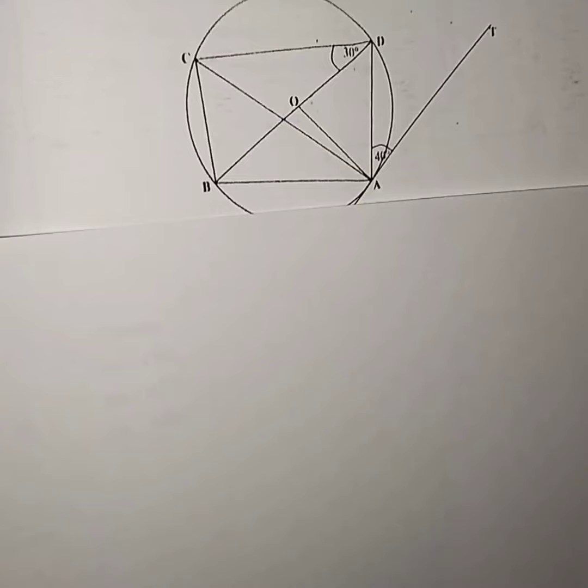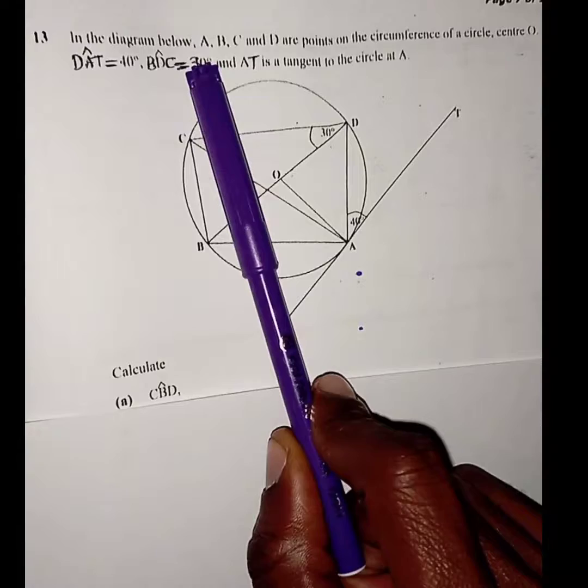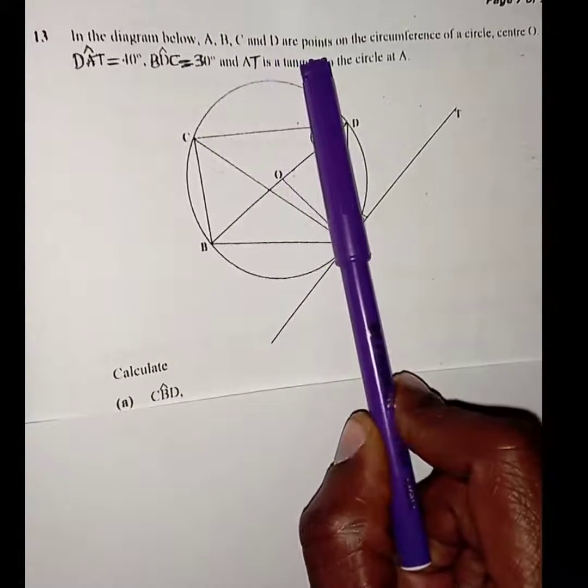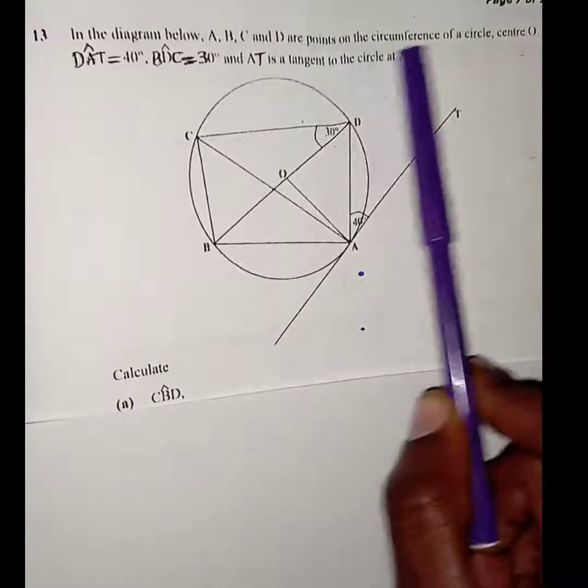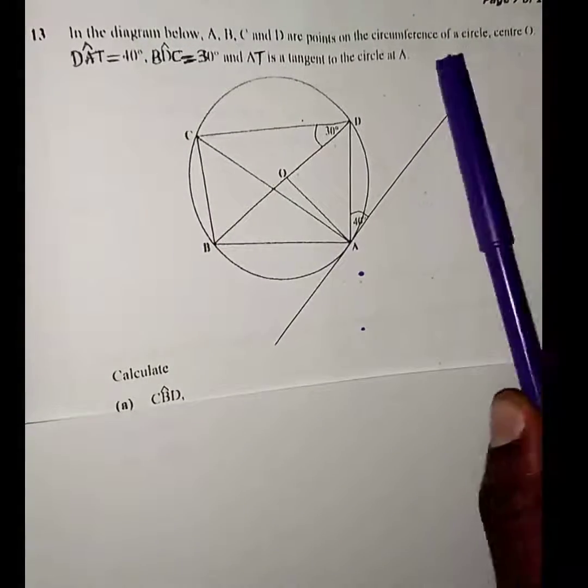So we read the question again. In the diagram below, A, B, C, and D are points on the circumference of a circle.